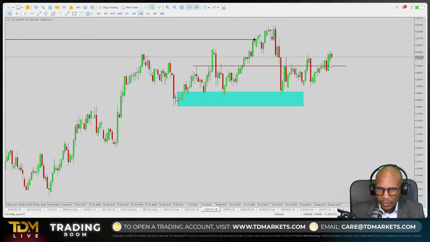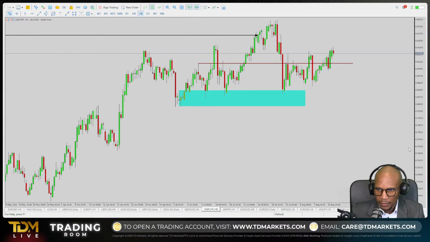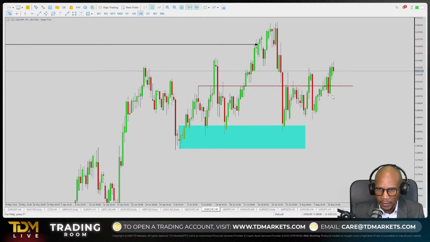USD Swiss from my side, it does not offer me the price action that I want for a buy. I think it's still developing, right? There is some dollar strength we're seeing in the market, but in terms of the price action of USD Swiss right now, it's not giving me much.